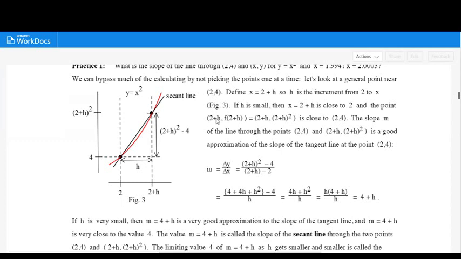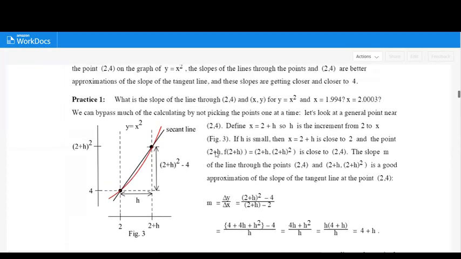And the point (2 plus h, f of 2 plus h) is equal to this one: 2 plus h, and then (2 plus h) squared. So bakit ganyan? Kasi we have this function, ito yung function natin, x squared. Given here, this is our x, 2 plus h, so magiging (2 plus h) squared yan siya. So this is also close to (2, 4).